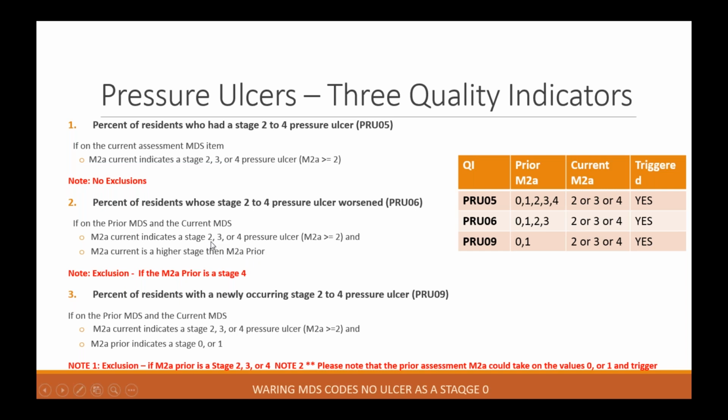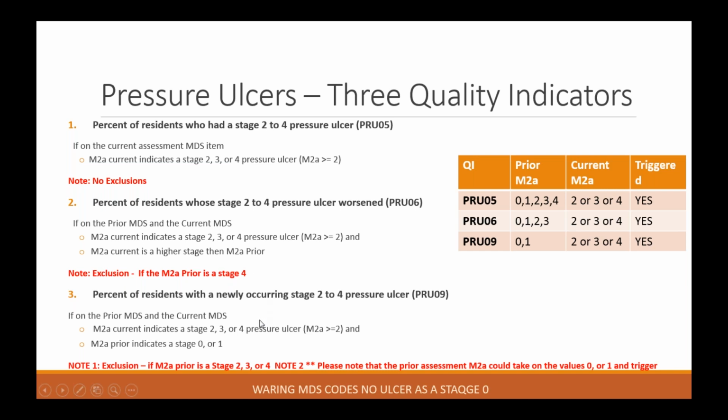Notice it has to be a new 2, 3, or 4, and here it's got to be higher than whatever those stages are. Okay? Now there is an exclusion, and that is if on the prior assessment you had a stage 4. That is simply obvious: if you already have the highest stage, you can't get worse than that. So these people would be excluded from this calculation.